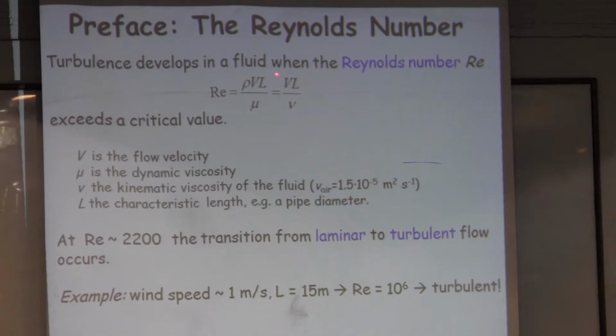In other terms, it is the flow velocity times the characteristic length divided by the kinematic viscosity. There is a sort of magic number, 2,200. Don't ask me why. That's the transition point between laminar flows and turbulent flows. The laminar flow is what you observe when you're in an airplane and you fly through clouds, then you see the air streaming across the wings.